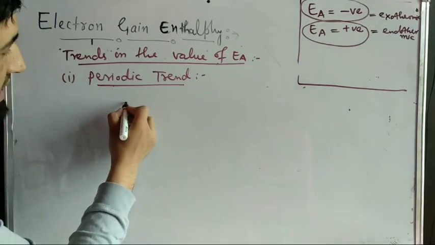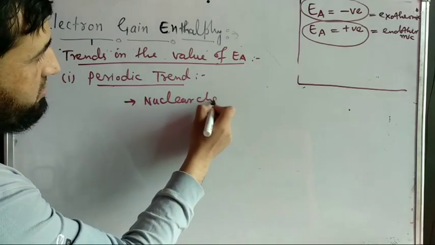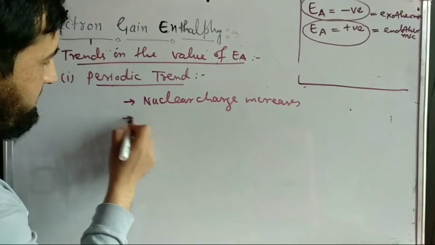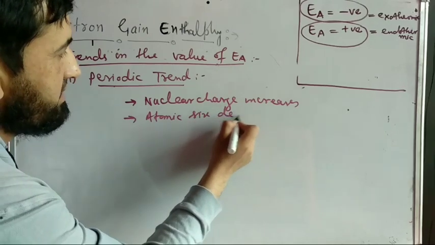So across a period, nuclear charge increases and atomic size decreases.